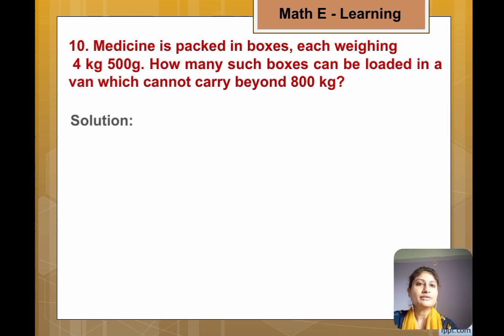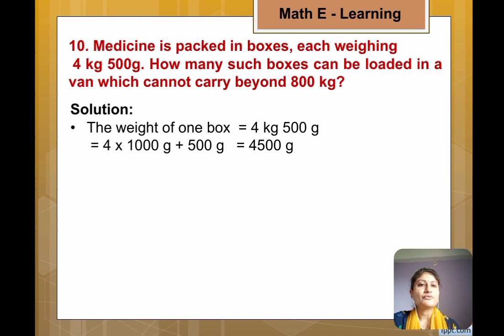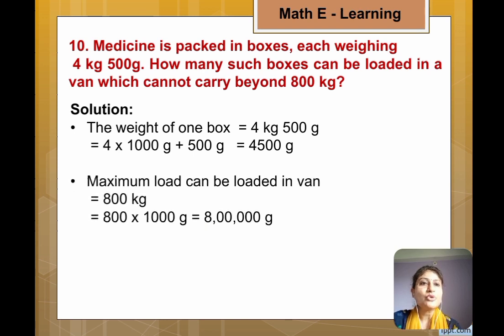Now how to write? The weight of one box is equal to 4 kg 500 grams, which is equal to 4500 grams. Maximum load that can be loaded in the van is equal to 800 kg, which is equal to 8 lakh grams.